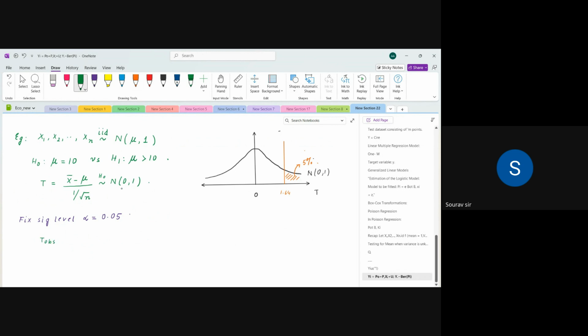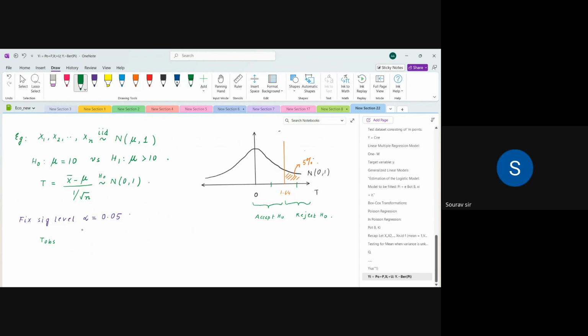The observed value of the test statistic. Now think of it. अगर मेरा t observed 1.64 से कम हो, then I am closer to the null hypothesis, so I will accept it. So this part is accept H naught, correct? And if my observed value is beyond 1.64, then I will be rejecting H naught because वो 0 से बहुत दूर जा रहा है, correct?